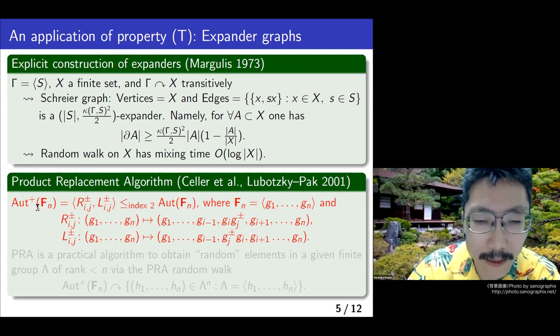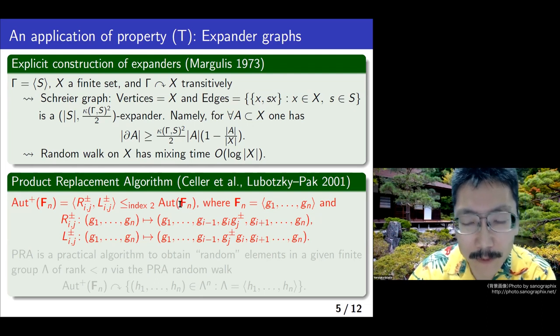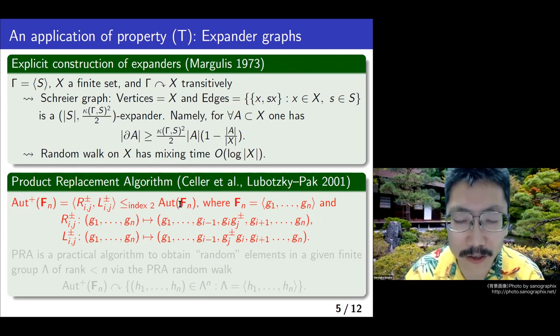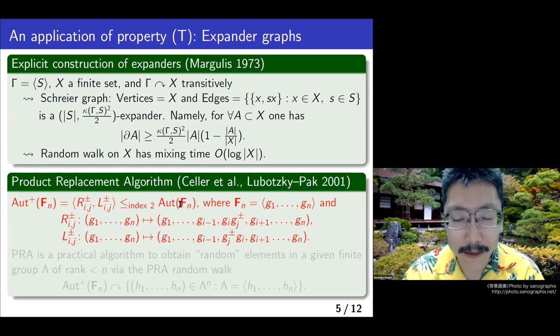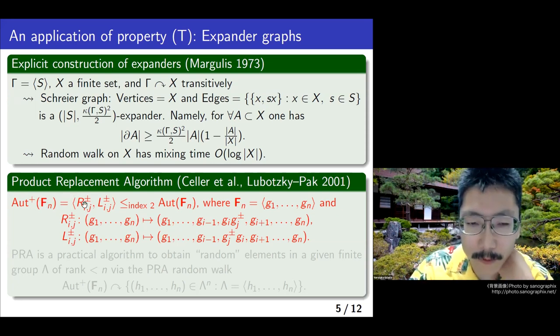So we consider the index 2 subgroup of the automorphism group of the free group on N generators. The automorphism group of the free group on N generators maps onto GL_N(Z), and GL_N(Z) has a sign, so that Aut plus is the set of elements with sign +1.